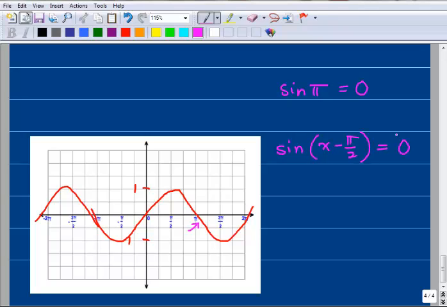I know that the sine of x minus pi over 2 equals 0 when x minus pi over 2 equals pi, because the sine of pi is 0. When I add pi over 2 to both sides, I get x equals pi plus pi over 2.